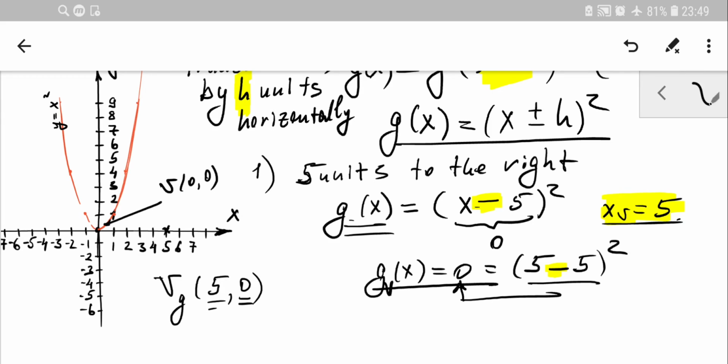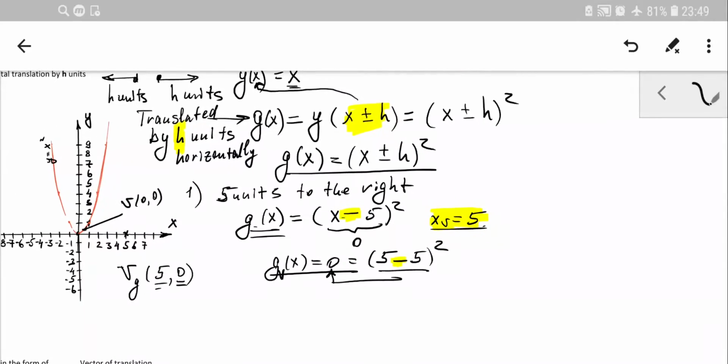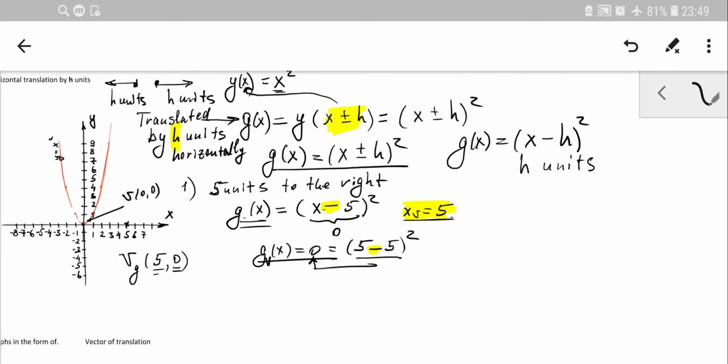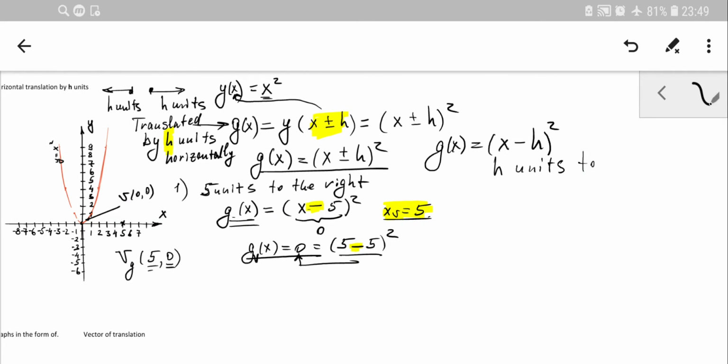So, the outcome: we use g of x equals x minus h when the graph is shifted h units to the right. That's the horizontal shift by h units.